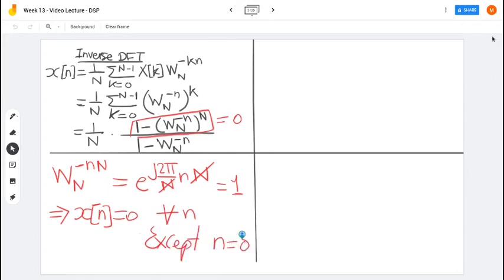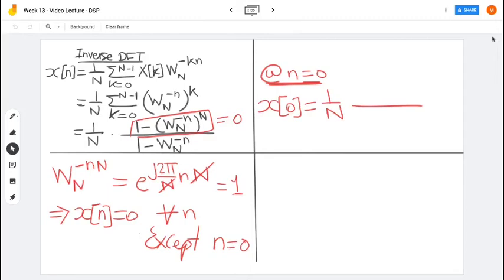If you take a closer look and set n equal to 0, x of n will be 1 over N, and in the numerator you will have 1 minus 1, which is 0, and in the denominator you will have 1 minus W_N to the power 0, which is 1 minus 1, which will give you 0. So x of n will be 0 over 0, which is undefined.